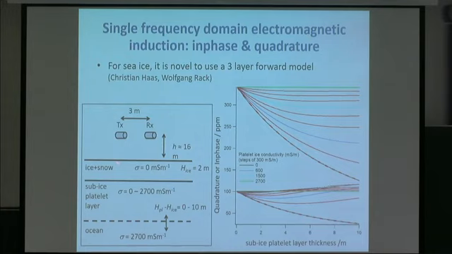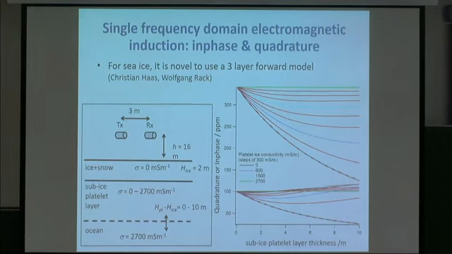Sea ice is modelled as having a conductivity of 0. So sea ice is like air as far as the electromagnetic induction device is concerned. Underneath the sea ice we have a sub-ice platelet layer, and we're going to let that conductivity be anything between 0 and the seawater conductivity, which is our third layer underneath.